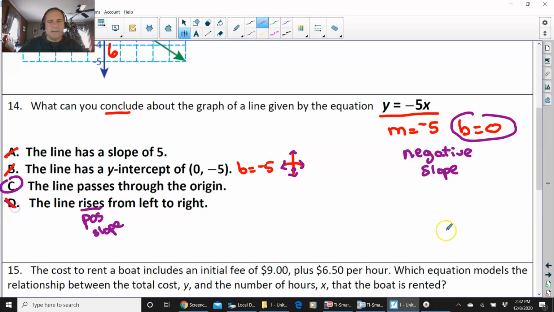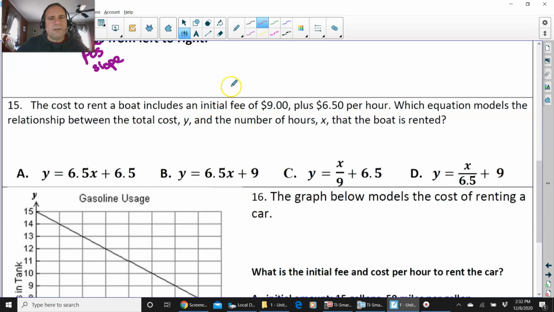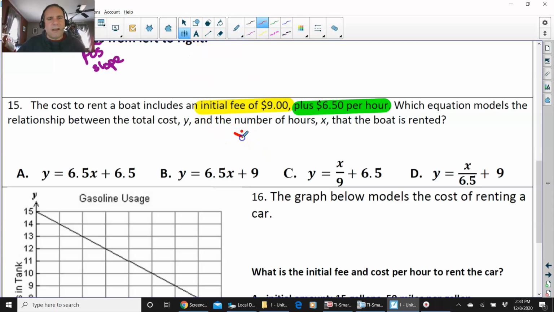And that's it. Number 15, the cost to rent a boat includes an initial fee. Let me get my highlighter out. Initial fee of $9 plus $6.50 per hour. So let's go ahead and put together the y equals mx plus b.